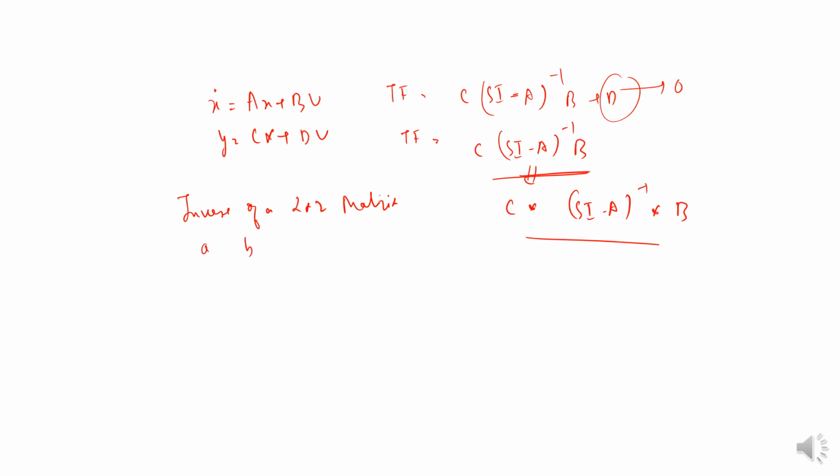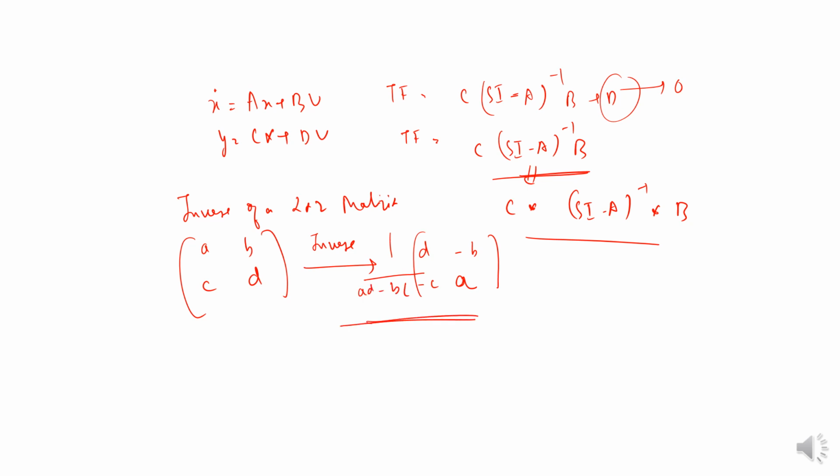If I have a 2 by 2 matrix A, B, C and D, the process of finding its inverse is different from that of a 3 by 3 matrix, and the same thing cannot be followed. I replace A and D, and I do minus C and minus B, and this has to be multiplied with 1 by the determinant. What is the determinant? AD minus BC. Very simple.